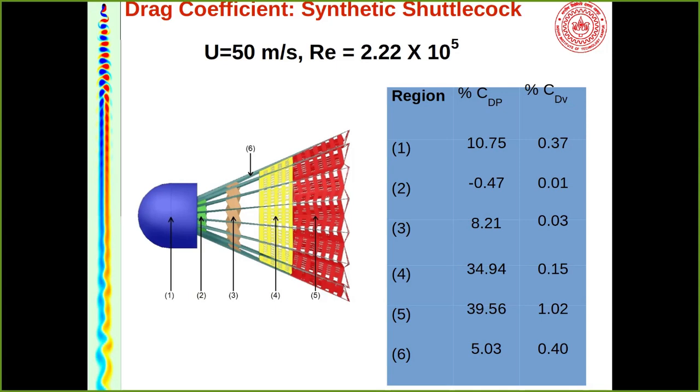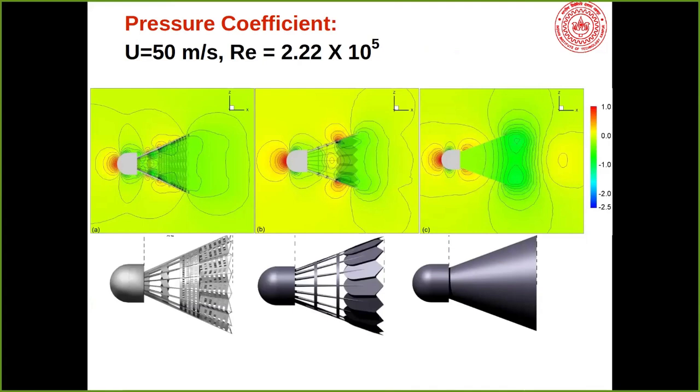I'll show you why. So we plotted the pressure distribution, and I'll take a line here along the spike of the shuttle and show you the pressure on the inside and outside.